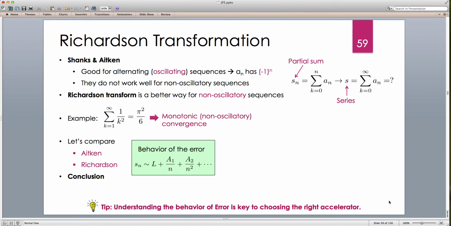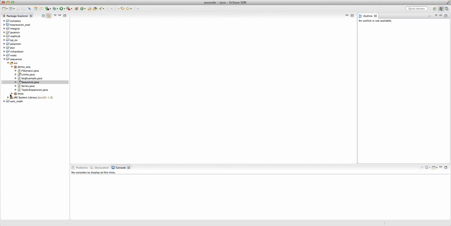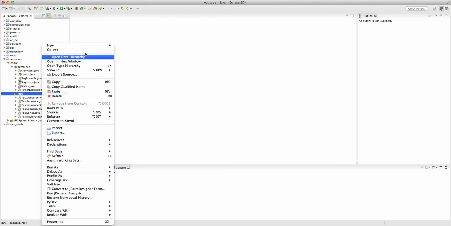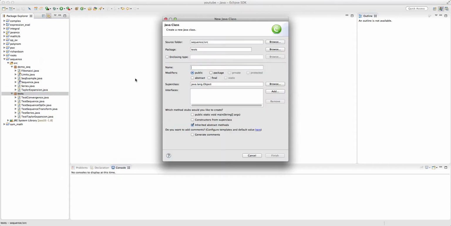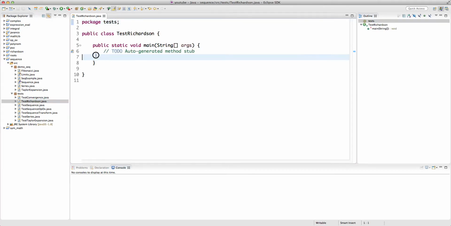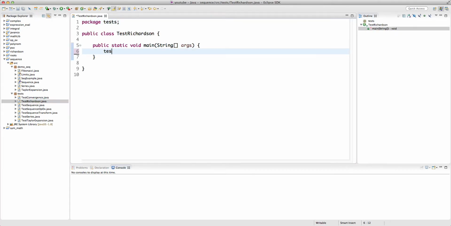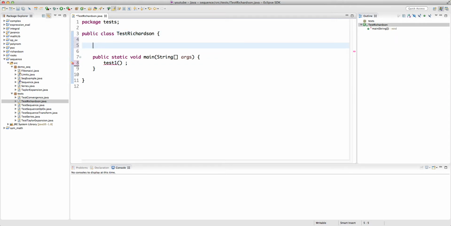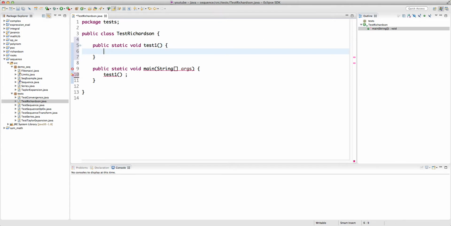So let's try to actually see this in the code. So in the test, I'm going to create a new class called TestRichardson, all right? And in the main method, I'm going to invoke test1, and test1 is going to basically be applying the Shanks or Aitken to this sequence. Public static void test1, and we're going to apply Shanks.